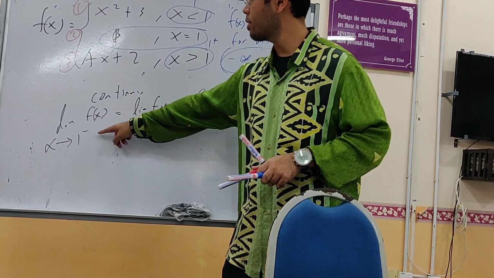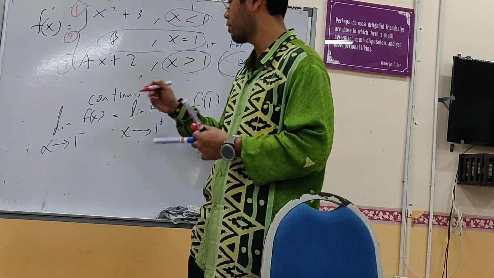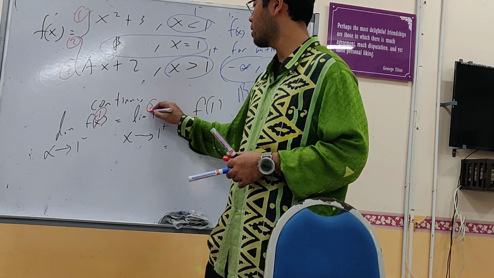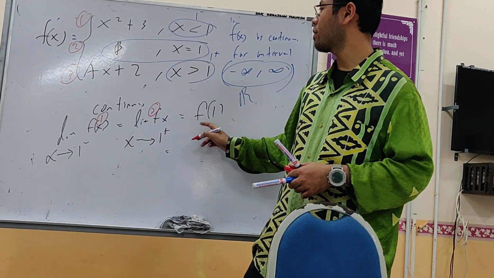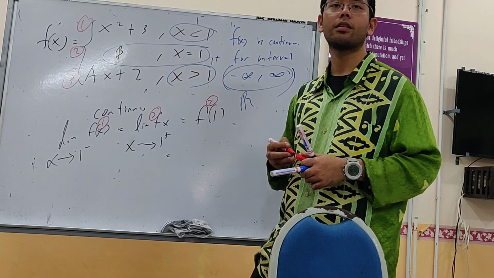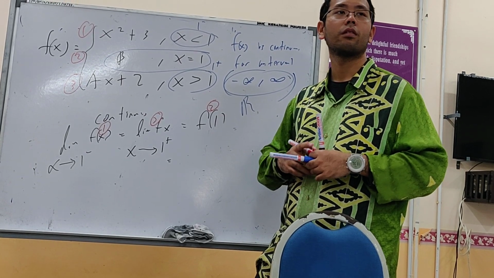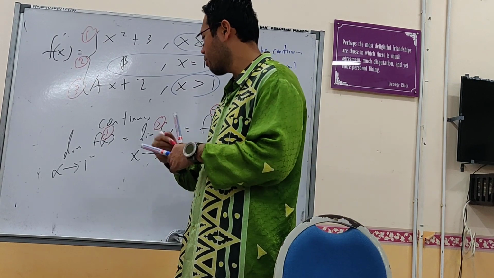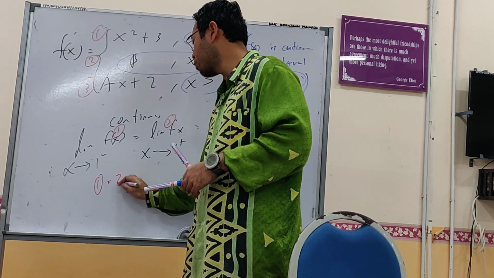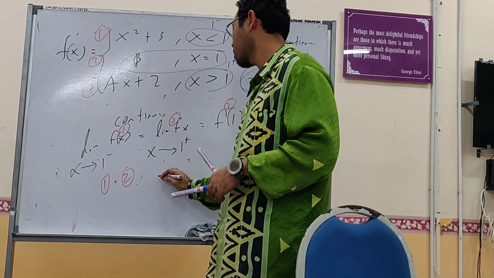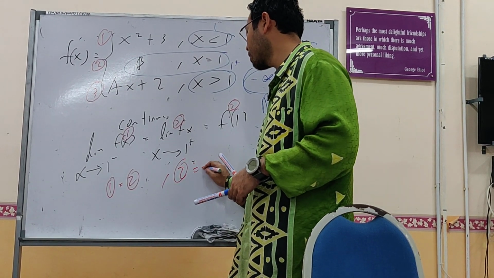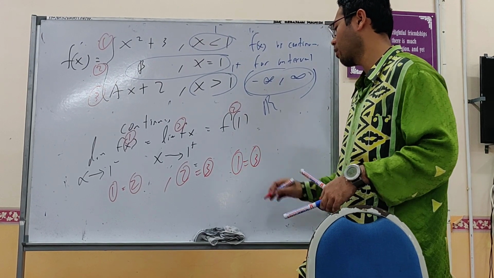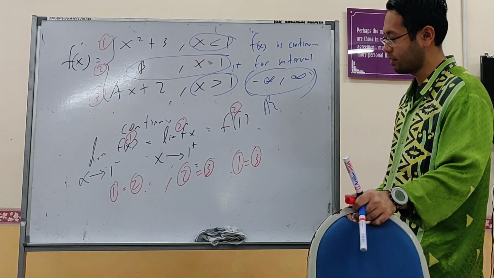So 1 from the left is which function? The first function. 1 from the right is the third function. And f(1) satisfies the second function. Of course, you cannot do them simultaneously. From here you split: you can do 1 equals 2, 2 equals 3, or 1 equals 3.